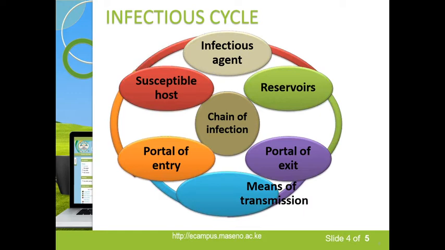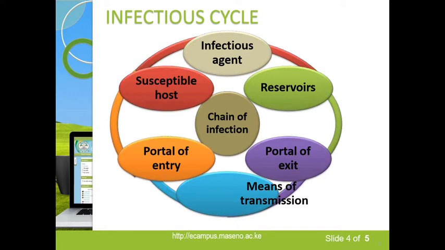One of the areas is the oral route, through sexual route. It could be the respiratory route. Or it could even be a break in the continuity of skin, which is the main area of concern in the dental unit.